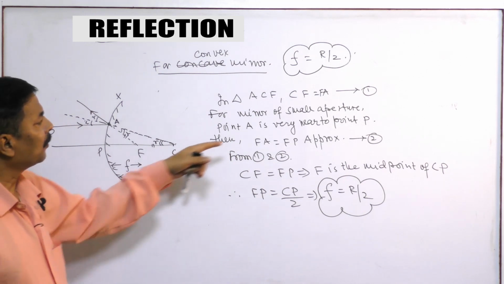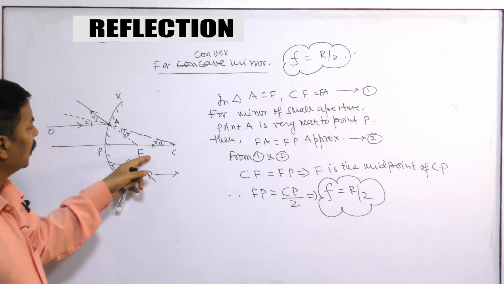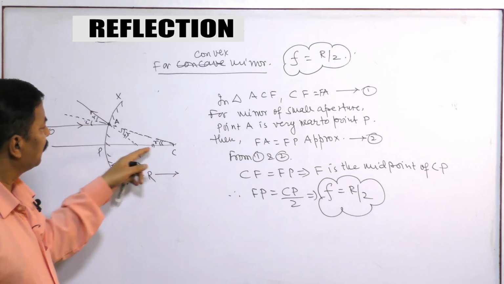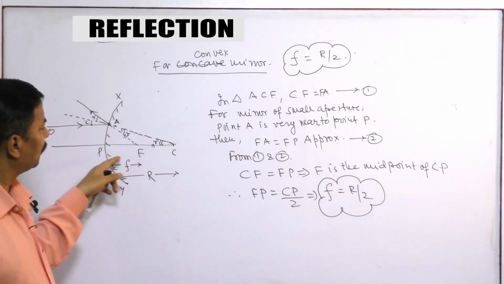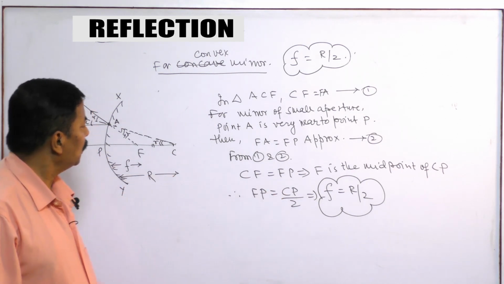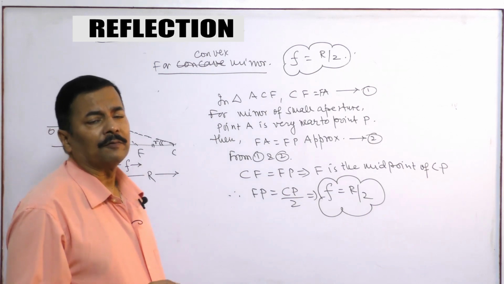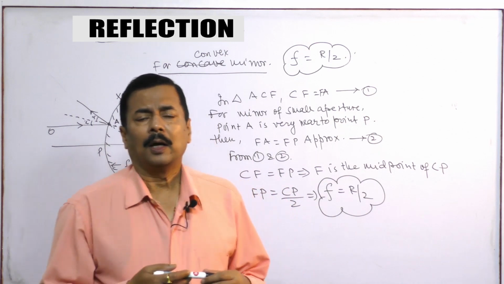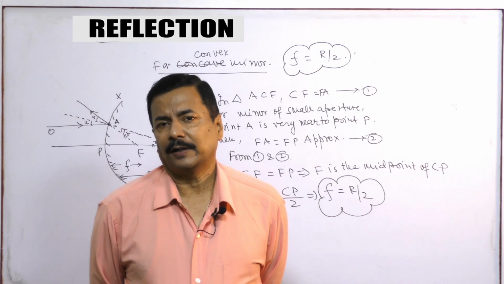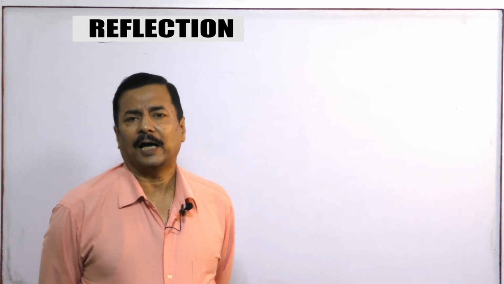And from 1 and 2, we get the same relation, CF is equal to FP approximately. That means F is the midpoint of CP, and then FP is equal to CP by 2, that is f is equal to R by 2. So in this way, we have proved the f is equal to R by 2 relation both for concave and convex mirror. Now we have to understand the ray diagram.